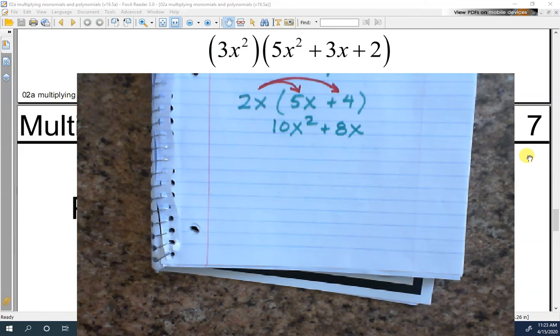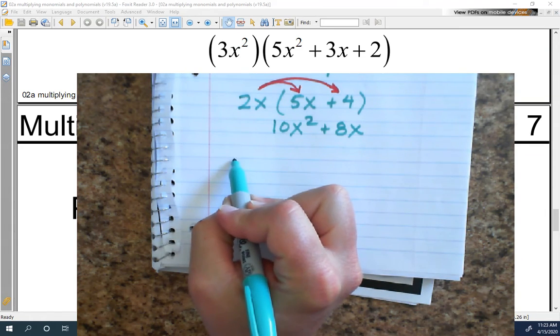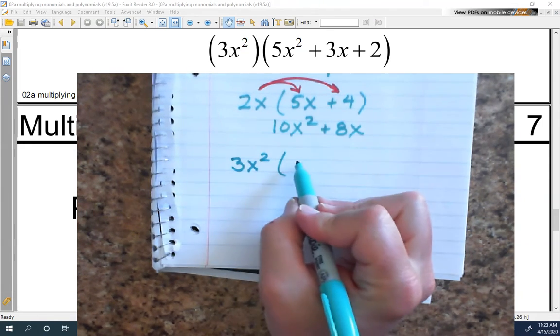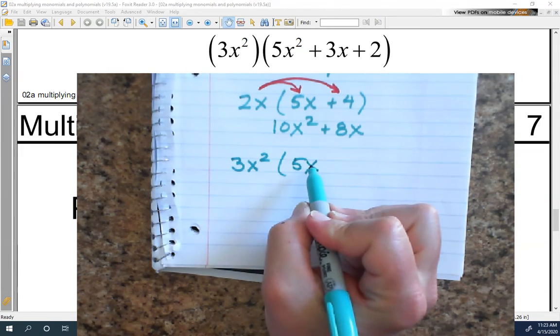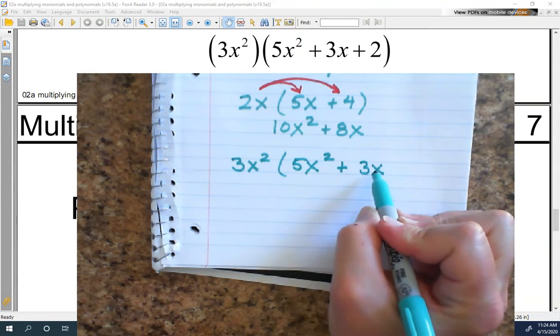Let's do this one. So this is a monomial times a binomial. So let's do this in our notes also. Oh, times a trinomial, excuse me. 5x squared plus 3x plus 2.